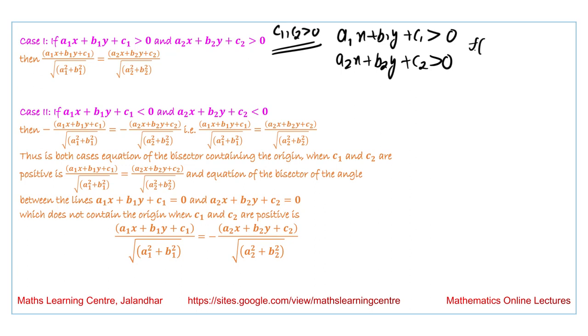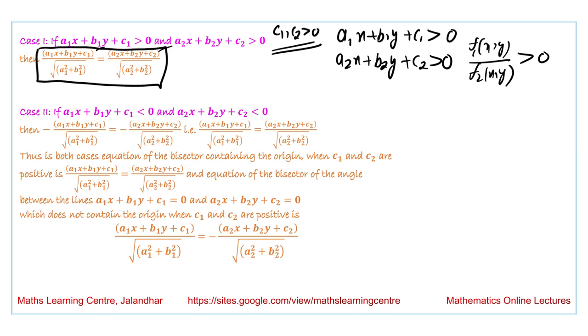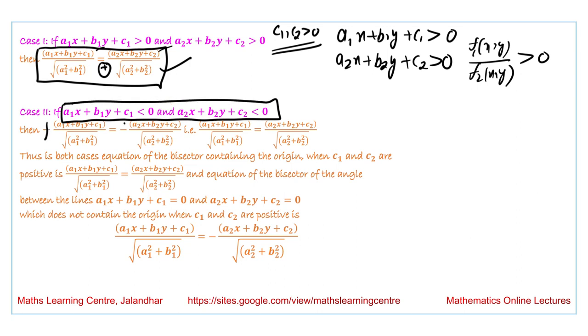Then f1 of xy over f2 of xy, these two expressions we are writing are greater than 0, or the equation of the bisector of the angle which contains the origin is given with the positive sign over here. Similarly, if both these values are negative, even then the minus and minus signs get cancelled and we have the final answer in the positive form.